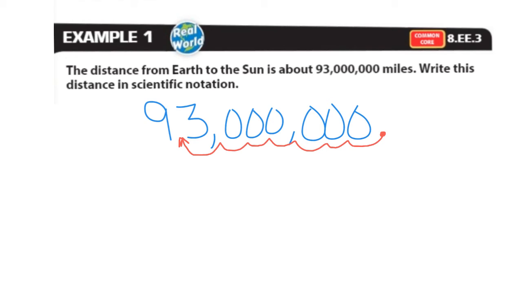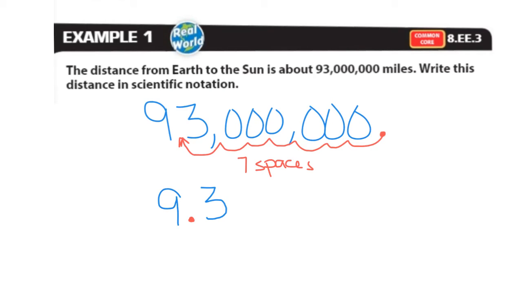So notice how I move it over 7 spaces until I just have one digit in front of the decimal point now. So I'm going to write the 9 and then my decimal point, because I moved it, and the 3. None of these other zeros are significant. I'm not going to worry about any of these 3 zeros.